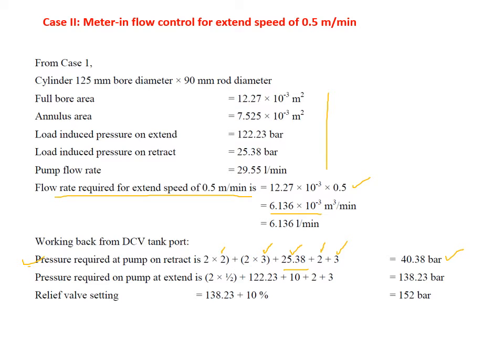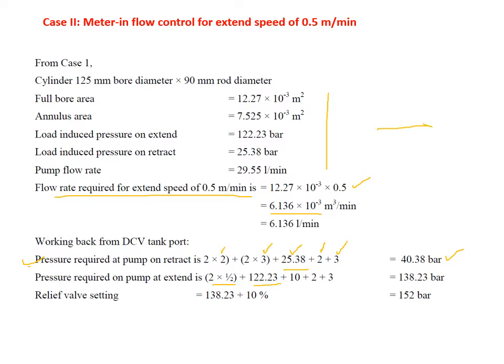While during the extension, it is 1/2 into 1/2. Again on the extension side we are considering the cap end, that is why the back pressure is half, plus 122.23, which is the pressure required for extension.